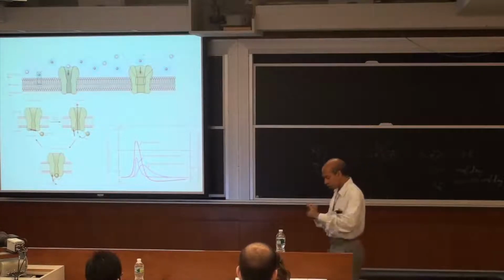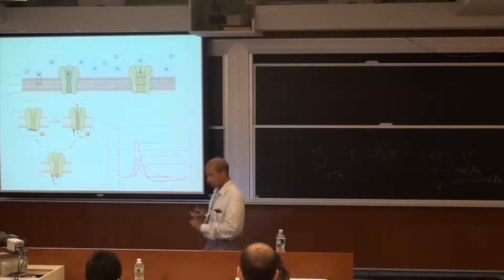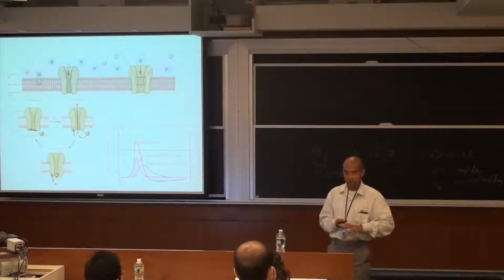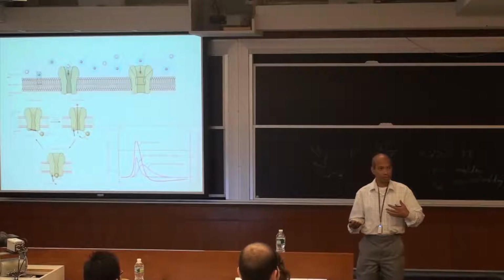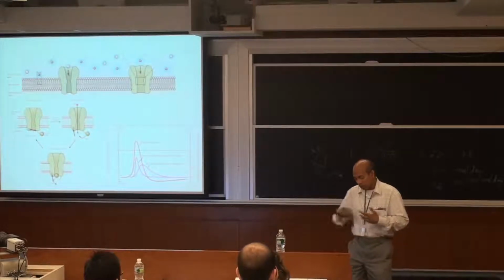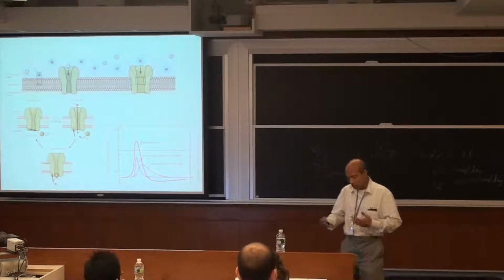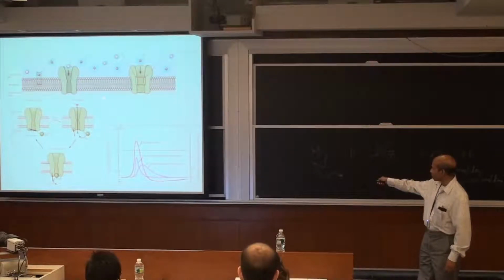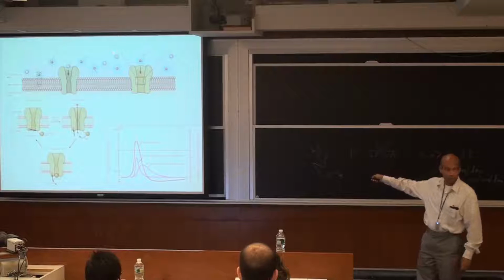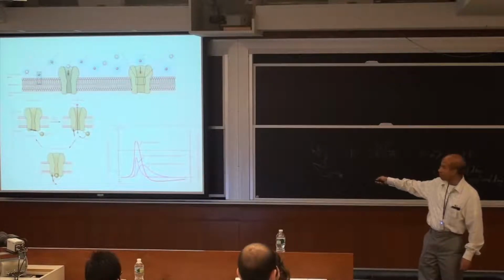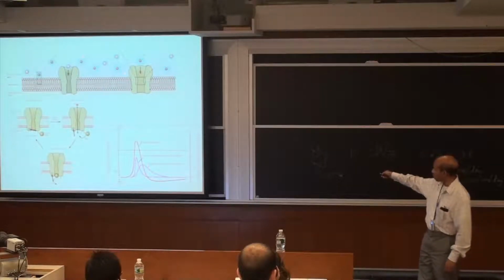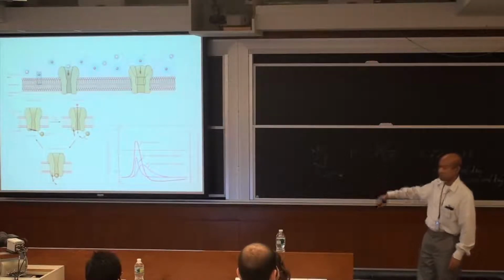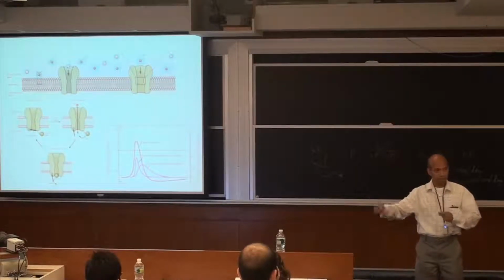There are always two competing forces: the concentration gradient and the electric field forces. At some point, the potassium will not go out anymore. Outside is positive, inside is negative, and potassium is going against the electric field. So potassium will stop when enough has gone out that this balance is established again.